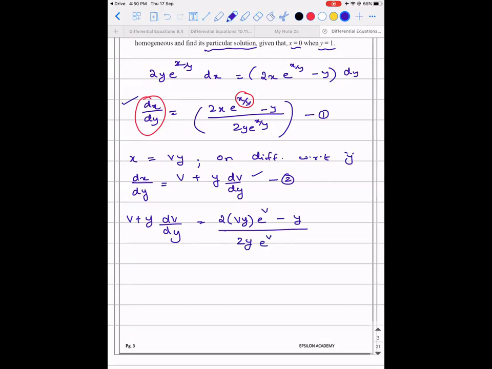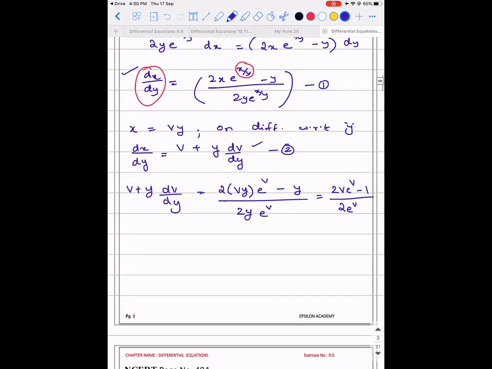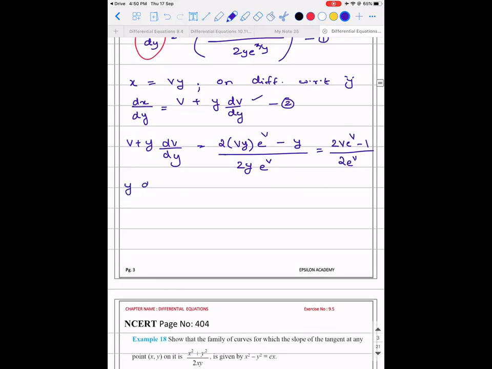Okay, so y gets cancelled, 2v into e power v minus 1 divided by 2 into e power v is equal to v plus y into dv by dy. So y into dv by dy will be equal to 2v into e power v minus 1 divided by 2 e power v minus v.